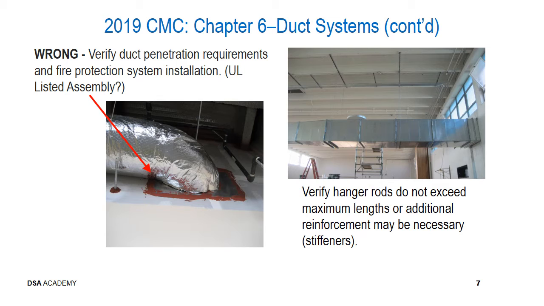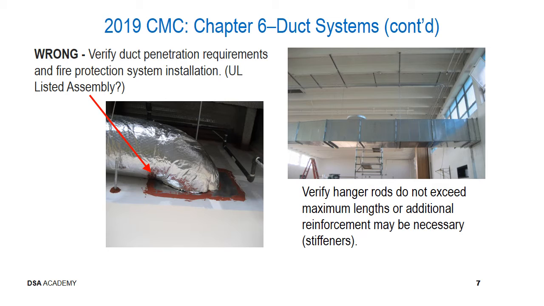The image on the right doesn't necessarily show a deficiency. I know it's hard to see what's going on with this large metal rectangular ducting, but the information to take from this installation is that in situations where it may appear that the duct is quite a ways away from the support, in this area being the upper ceiling height, it is certainly worth looking in great detail for any type of seismic bracing which may be required due to the extreme length of the hangers and possibly the weight of the ductwork.